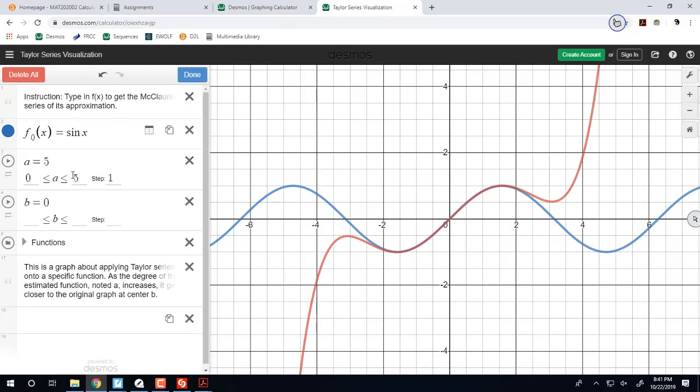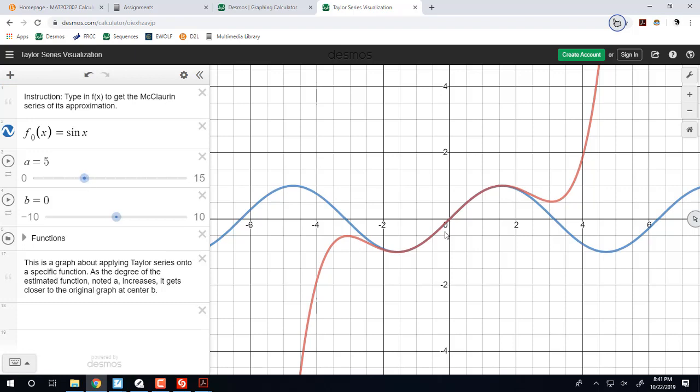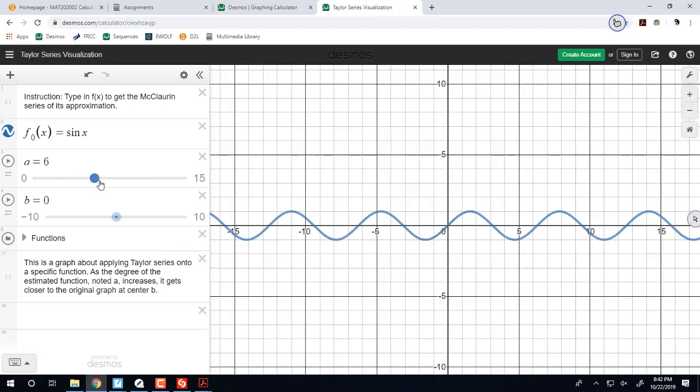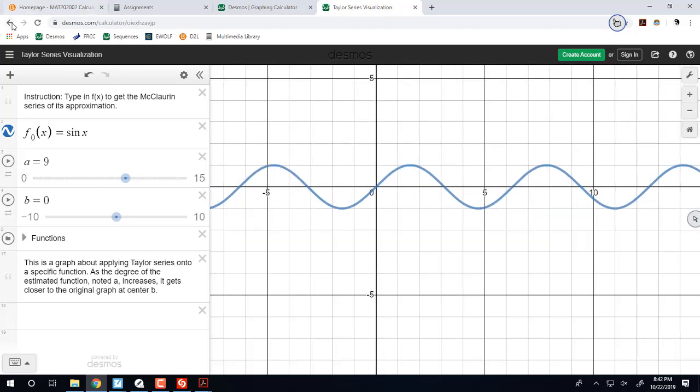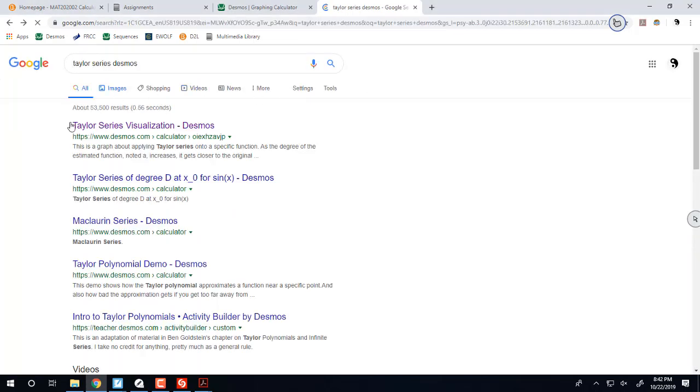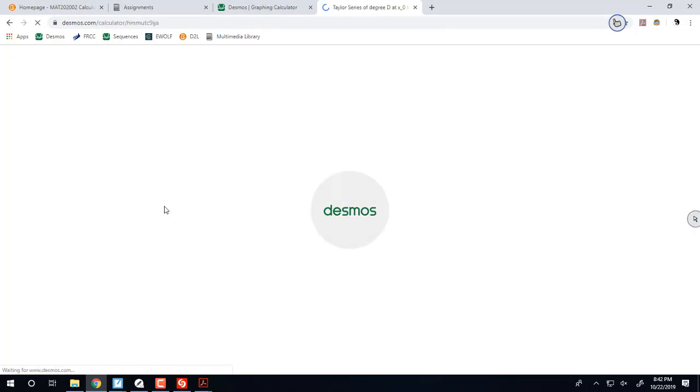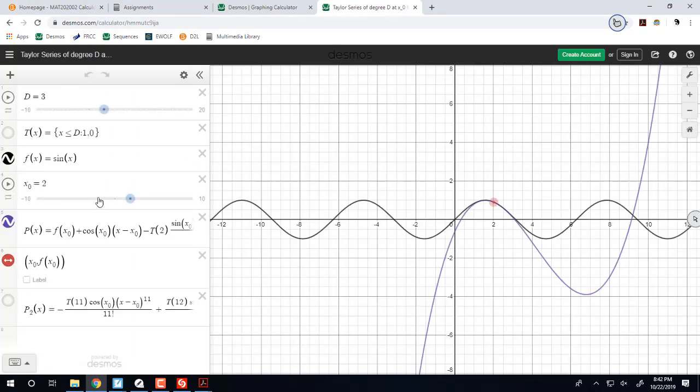I might be able to find a better one, but if we go out to 15, maybe it'll do that. Maybe it won't. This one might be better.